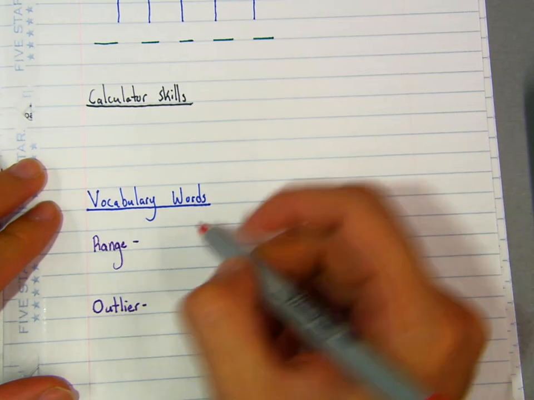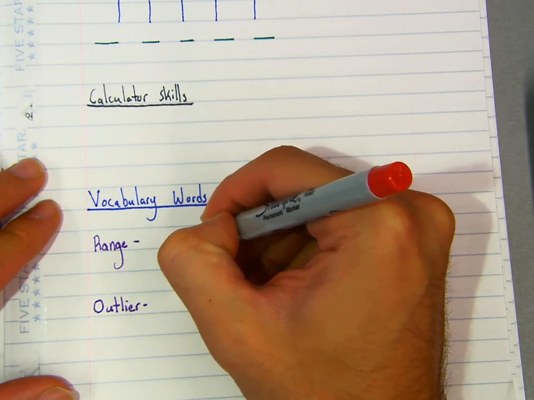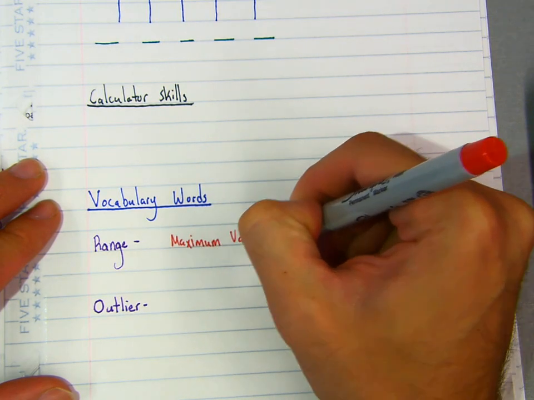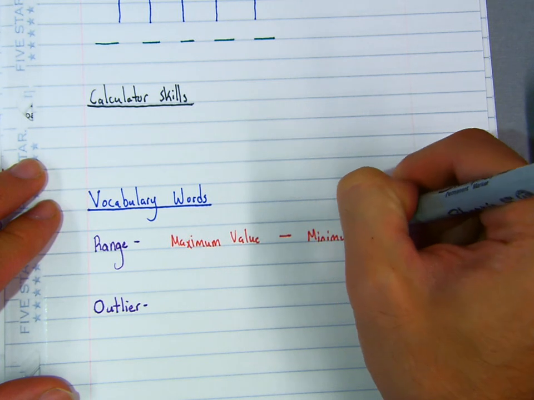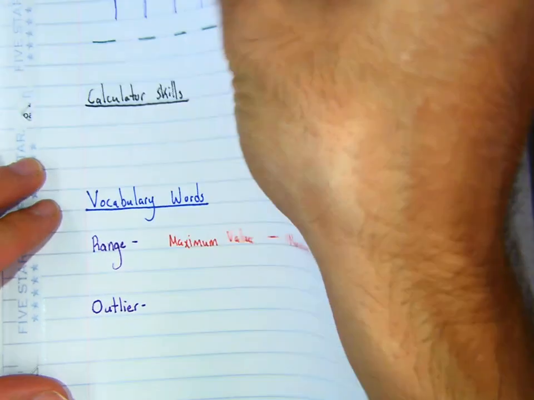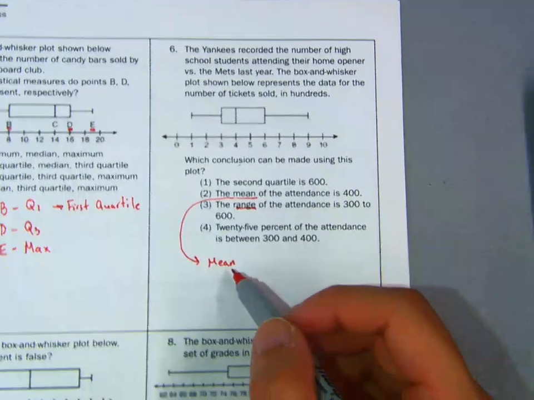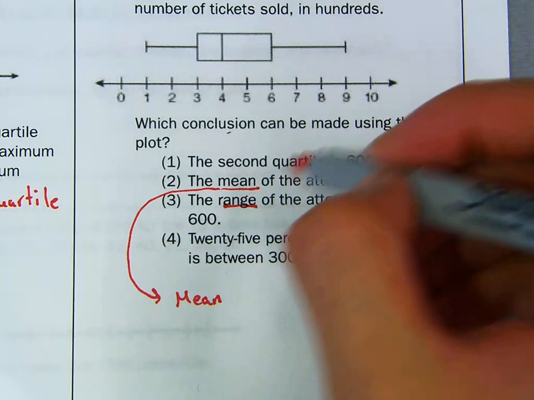How do you find the range within a set of data values? You take your maximum value minus minimum value. So to find the range between these data values, let's look at range.